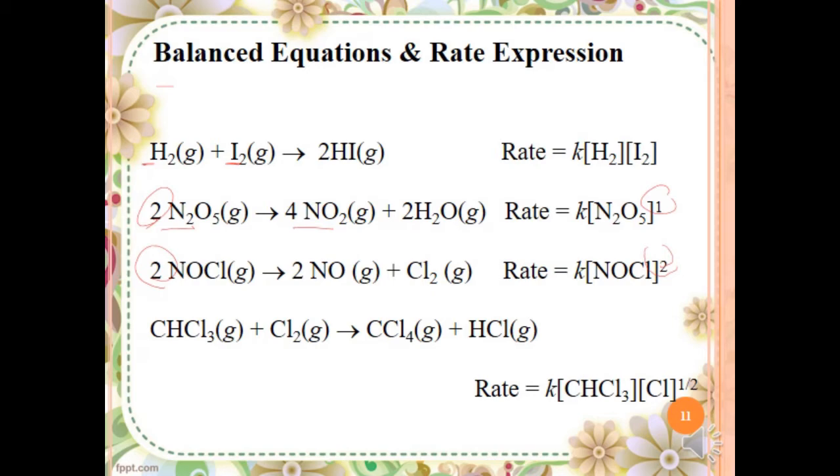trichloromethane here with 1 chlorine gas, but look at the rate law here. Okay, trichloromethane 1 stoichiometrically is coincidentally same as the stoichiometric value 1, but chlorine here is half.